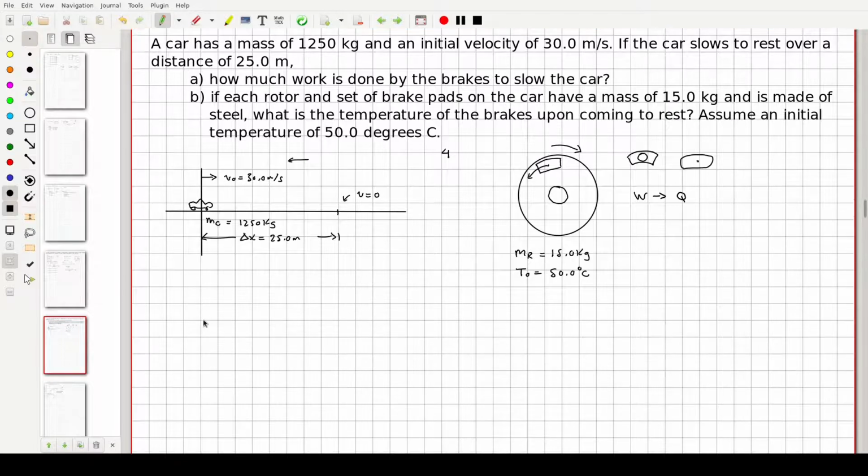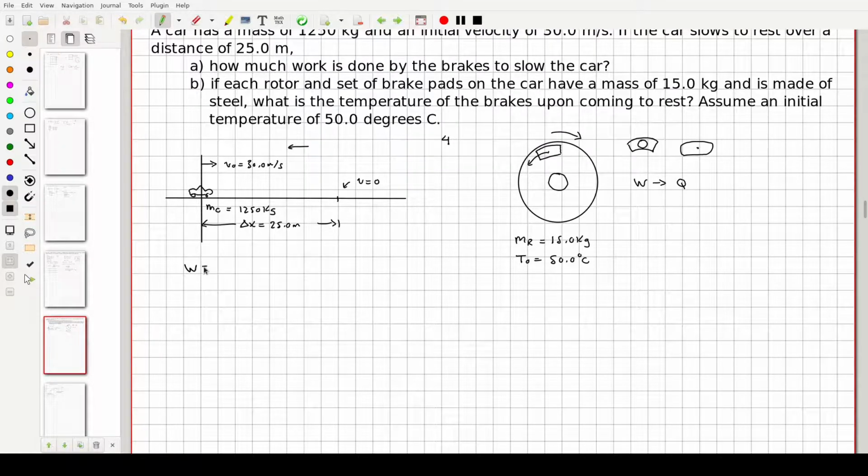Now, so work, we know, causes a change in kinetic energy. Now, my initial kinetic energy is 1/2 the mass of my car times the velocity of my car squared. My final kinetic energy is going to be 0. Okay?